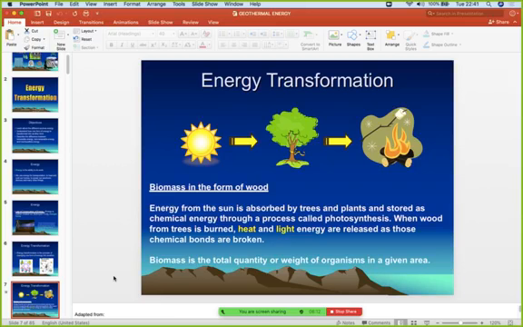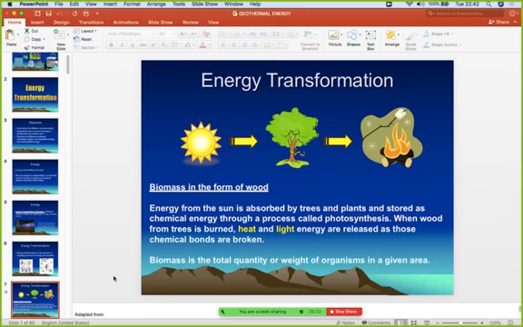Energy from the sun is absorbed by the trees and plants and stored as chemical energy through a process called photosynthesis. When wood is burned, it produces heat and light energy.